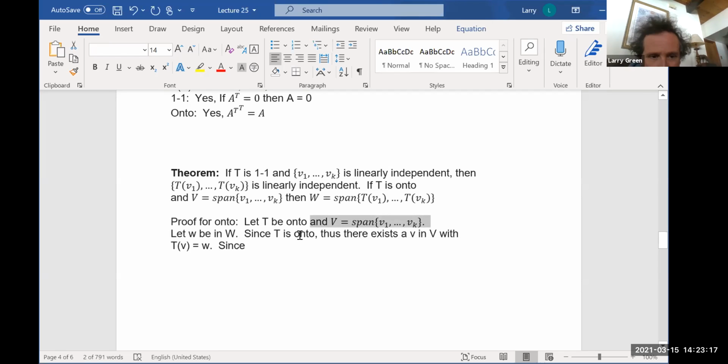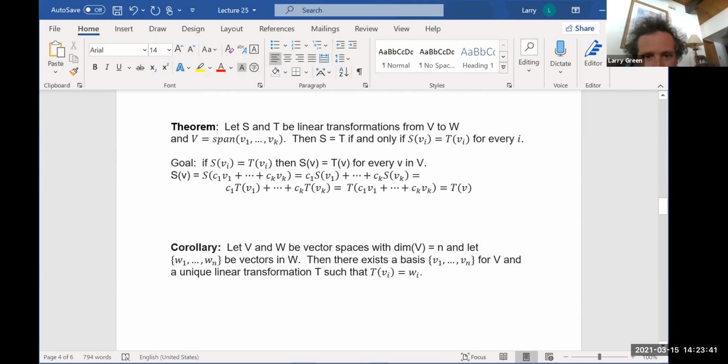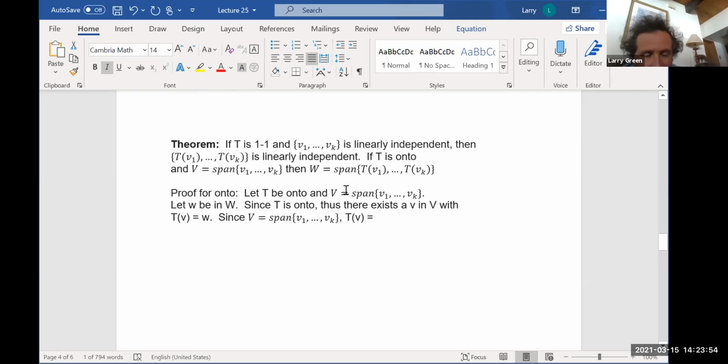Since capital V is a span of V1 through VK, we know that T of V is equal to T of C1 V1 plus dot dot dot CK VK, for constants C1 through CK. That's what it means to span.